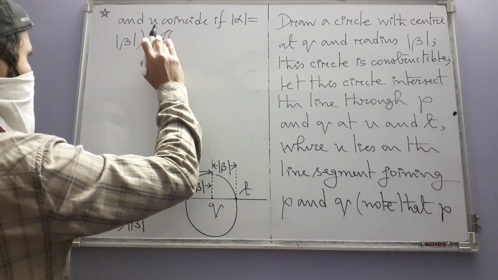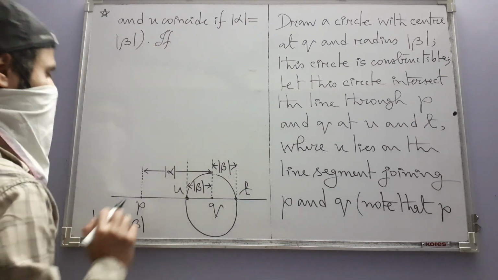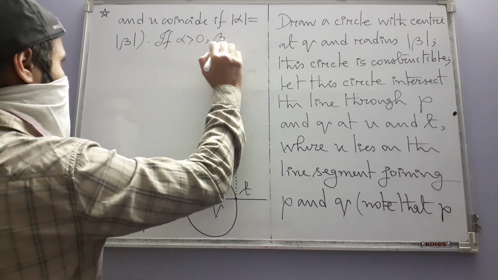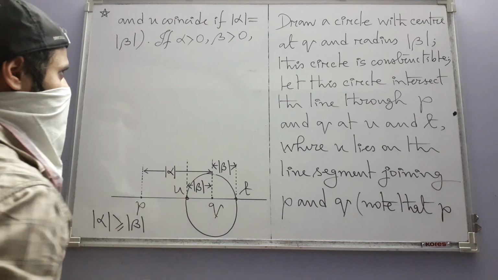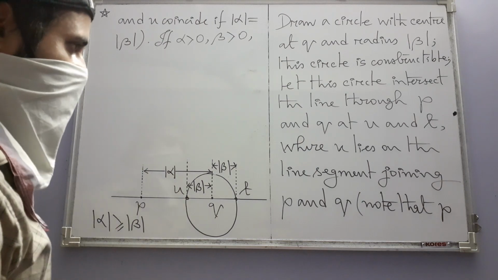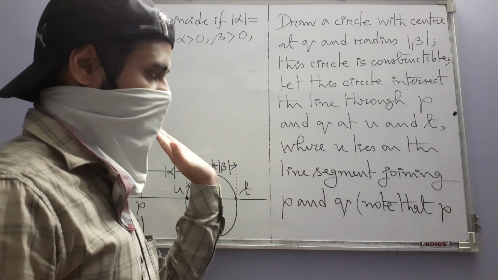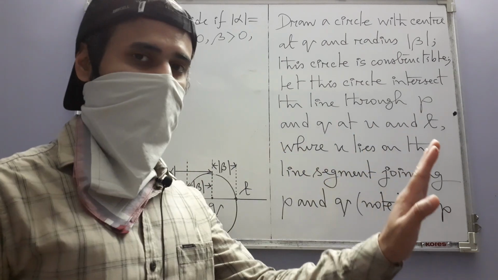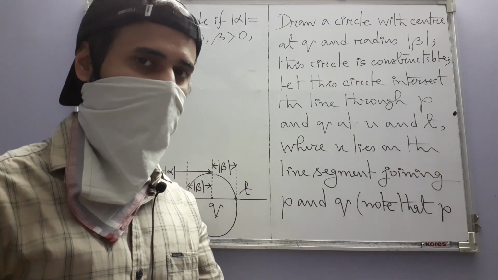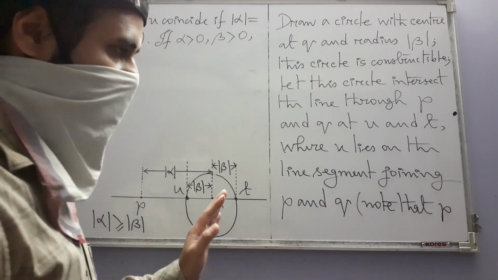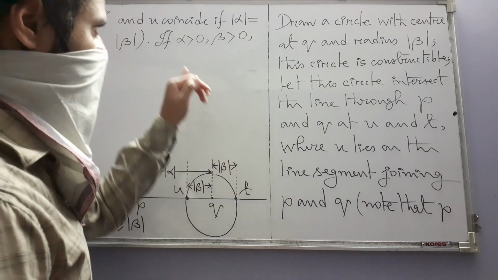Let us first deal with the simplest cases. If alpha is greater than 0 and beta is greater than 0 as well, keep in mind in the beginning itself we have already dealt with the case where either alpha or beta is 0, or maybe both are 0. So now our alpha and beta are both non-zero.